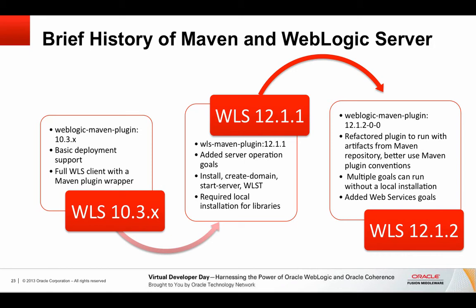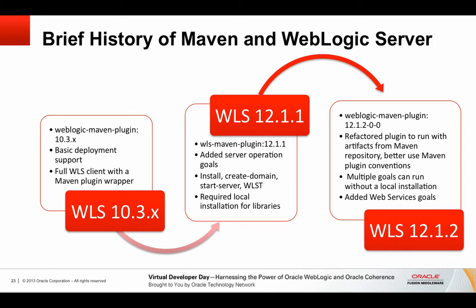With the advent of the 12.1.2 release, we've further enhanced it such that now the WebLogic Maven plugin can run using libraries that come out of a repository. So we've got dependencies, we're using the artifacts that we've pushed out in order to provide the libraries needed for our plugin to operate.